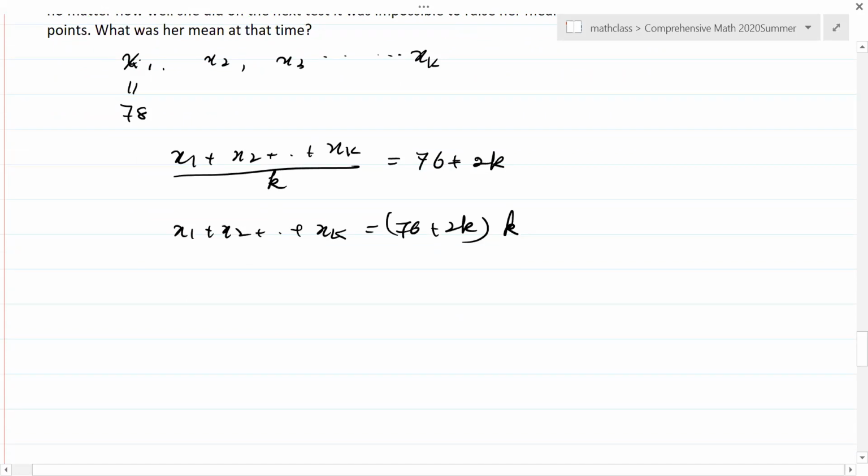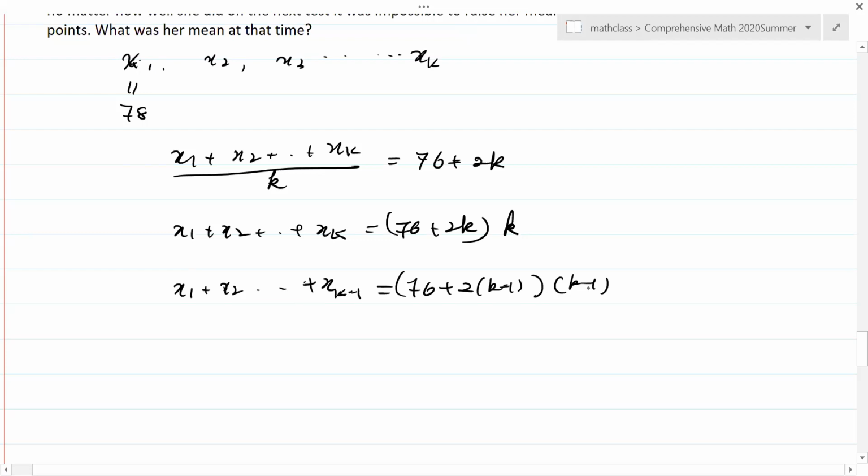Then you will see the difference every time you increase how many points. So the total for the first k minus 1 tests, add them together, will be 76 plus 2 times k minus 1, multiplied by k minus 1.